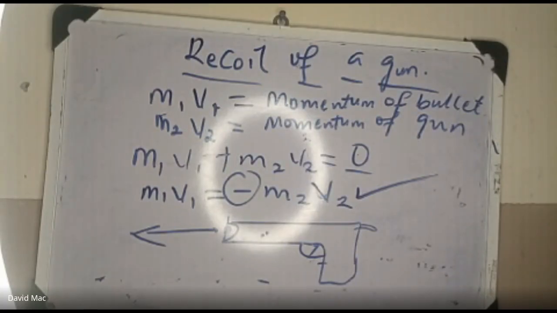With what velocity does the gun recoil? With what velocity does the gun what? Recoil.